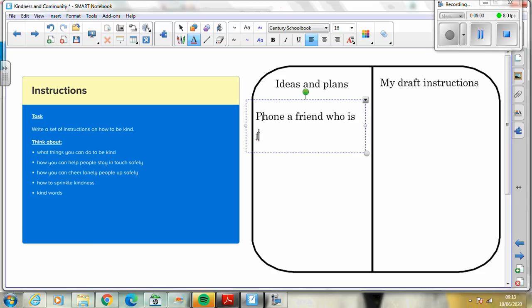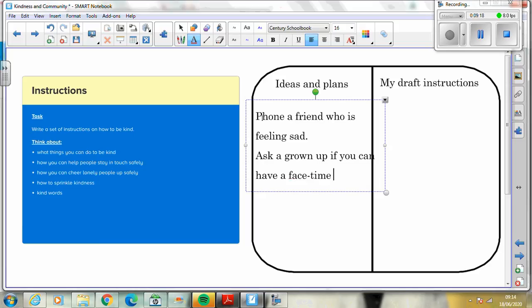You could phone a friend who's feeling sad. You could ask a grown-up if you can have a FaceTime call with your friend.